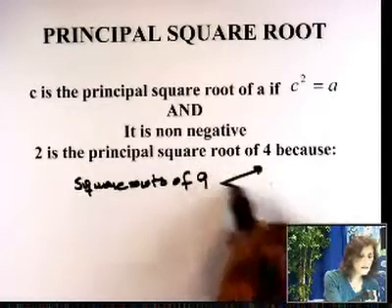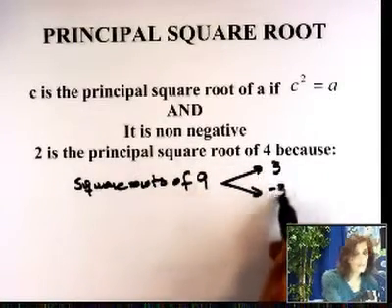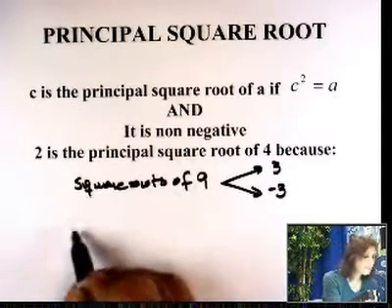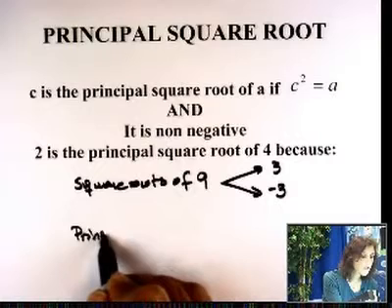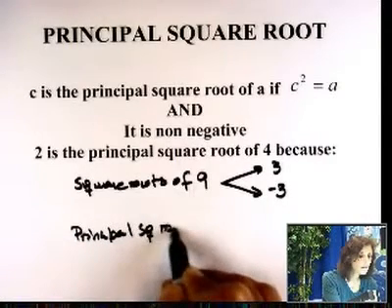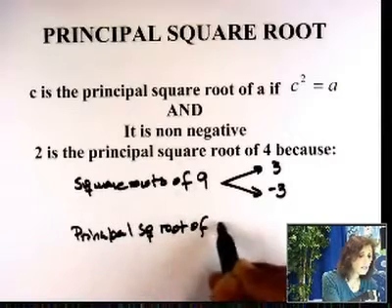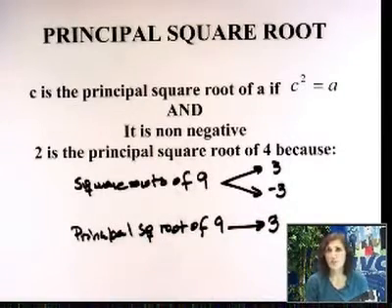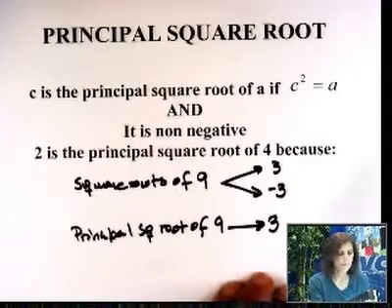It is 3 and negative 3. Because 3 squares to 9, negative 3 squared is 9. But what is the principal square root of 9? Guess what? That one is 3. It has to be positive. It's just definition. So make sure that you remember that.